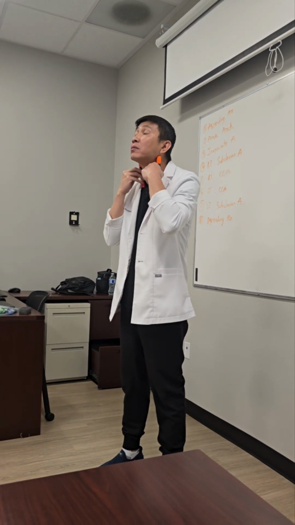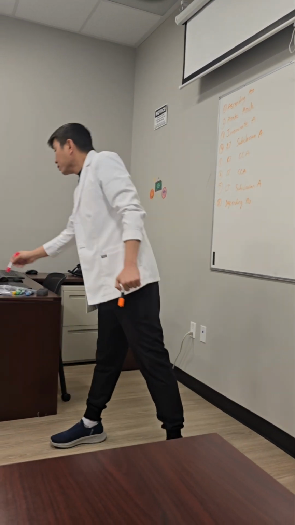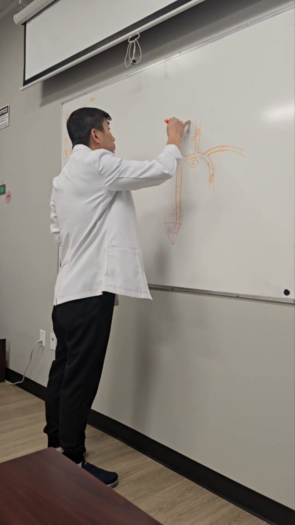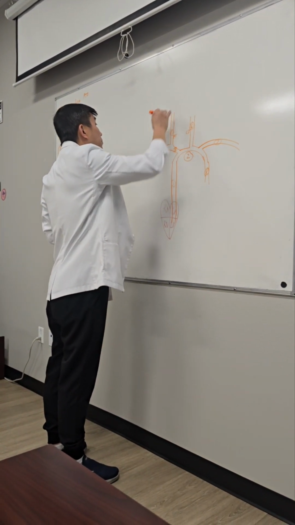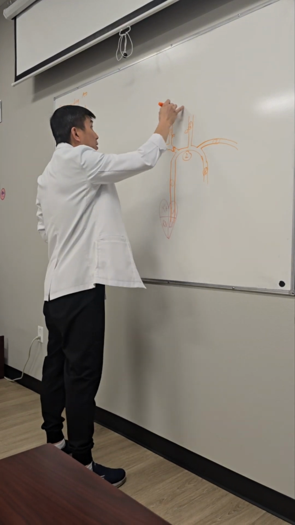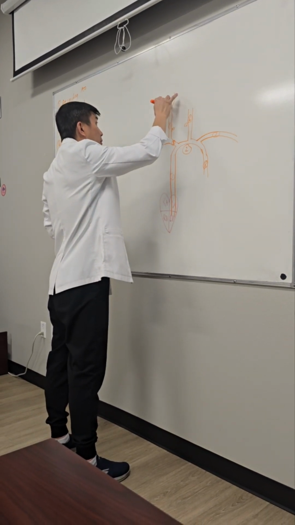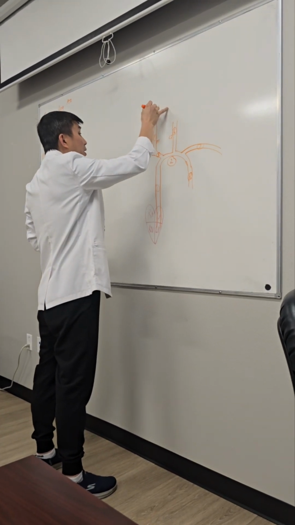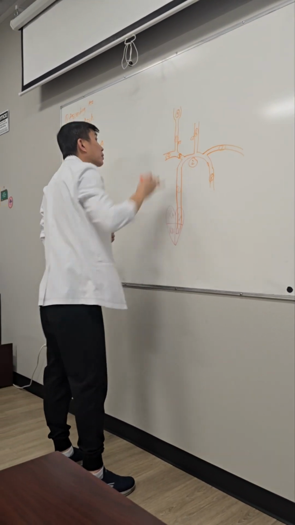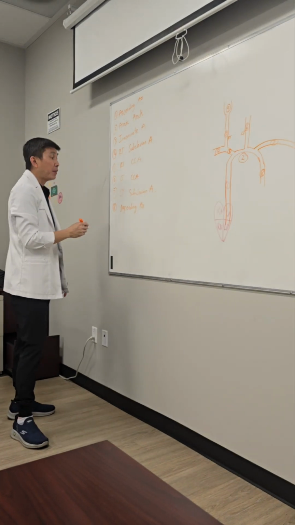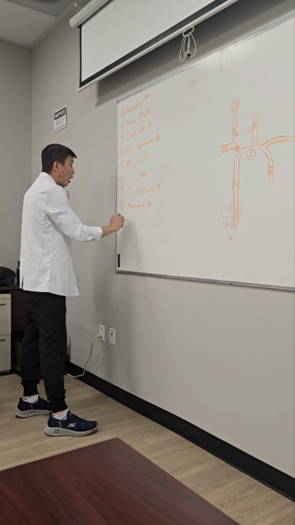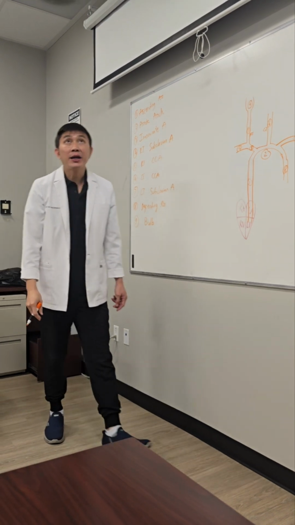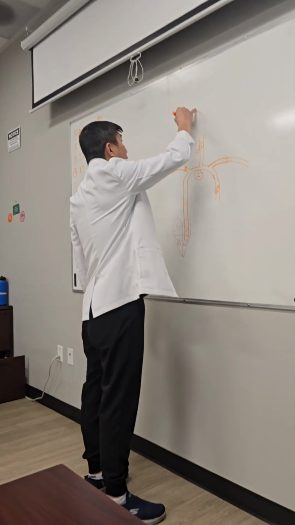They run up and will give a bifurcation. But before they give a bifurcation, they get big. So I just draw one side, okay? Number 9. When the CCA gets big, we call it a bulb. And then the bulb will give that bifurcation.